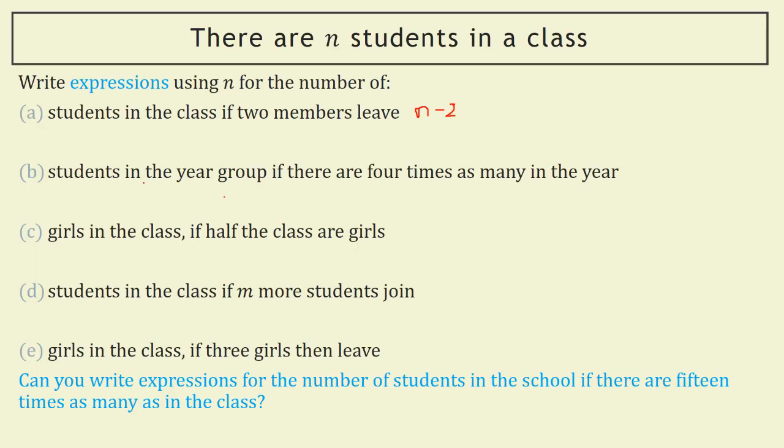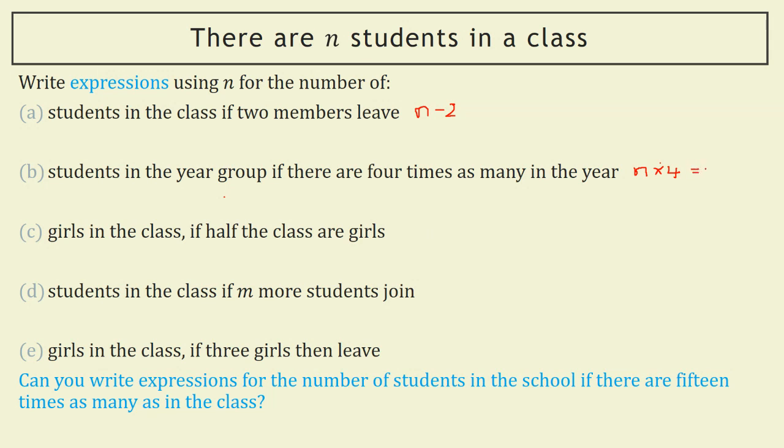How many students are in the year group if there are 4 times as many in the year as there are in the class? Well, we'd take the number of students in our class and times by 4. But in algebra, we don't usually write times signs between letters and numbers.